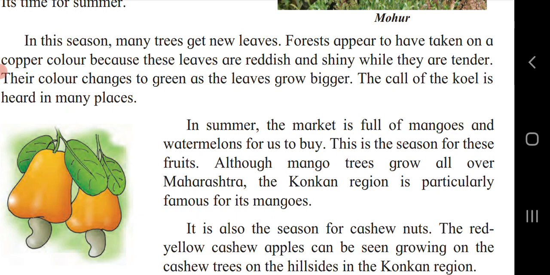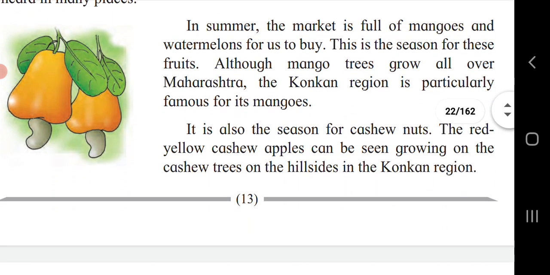In summer, the market is full of mangoes and watermelons for us to buy. Although mango trees grow all over Maharashtra, the Konkan region is particularly famous for its mangoes. Yes, in summer season the market is full of watermelon and mango, and the Konkan in Maharashtra is famous for the production of mangoes.